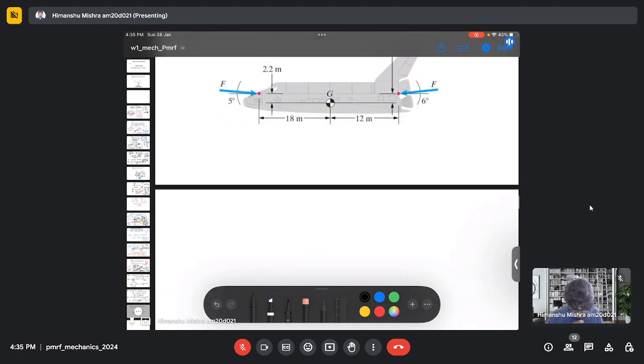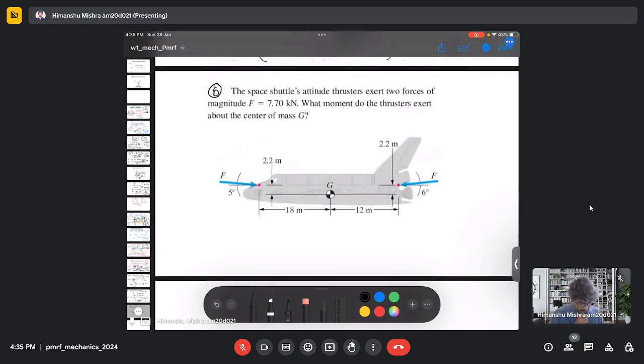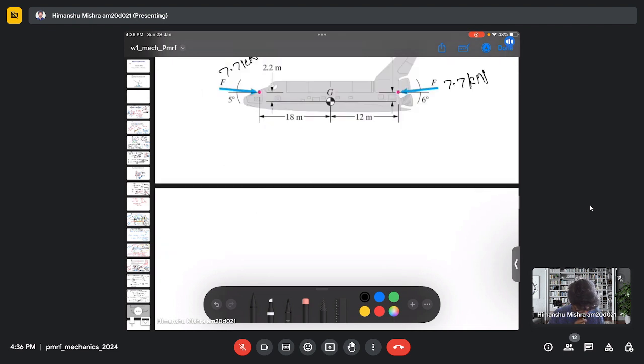So let's make a free body diagram. So we have two thrusters here, which are exerting forces of 7.7 kilonewton. And let's say this is my center of gravity, and the forces are acting here, F, at 5 degree, and here 5 degree.